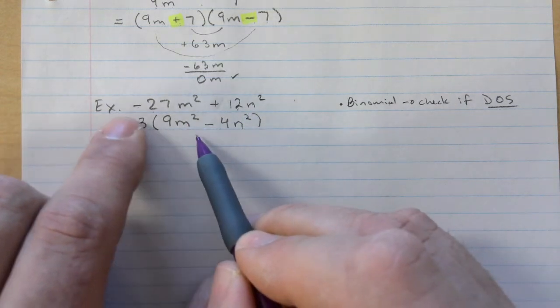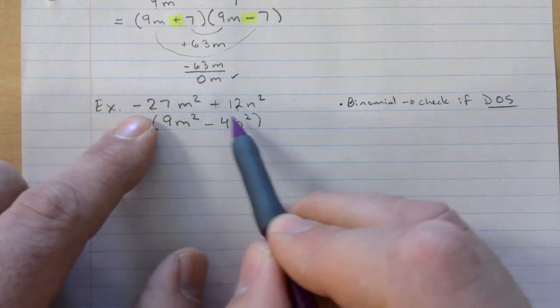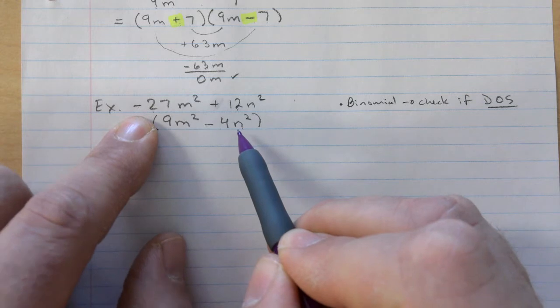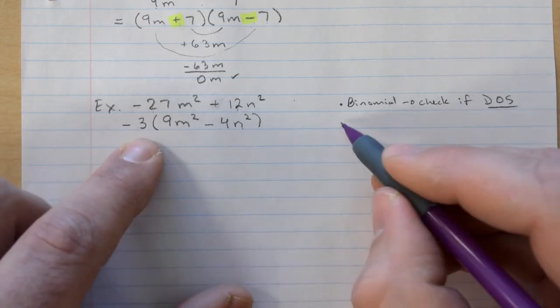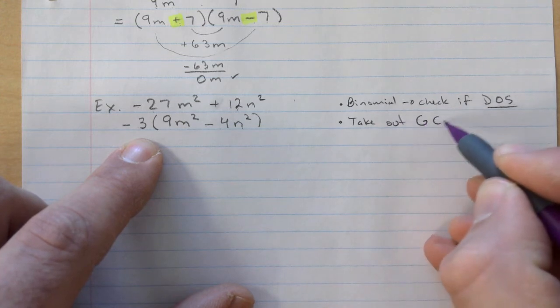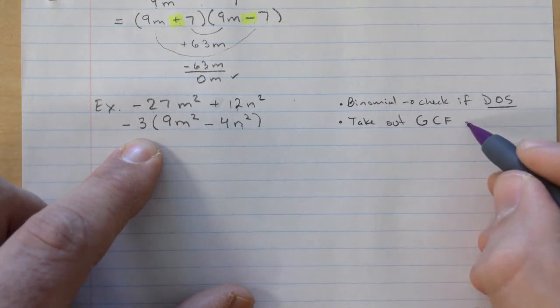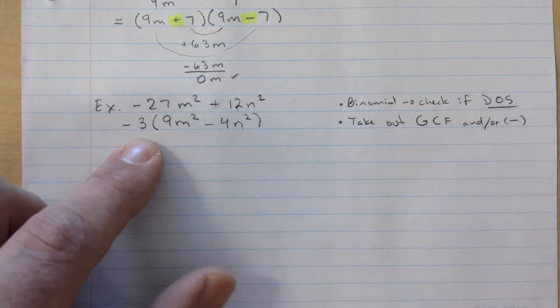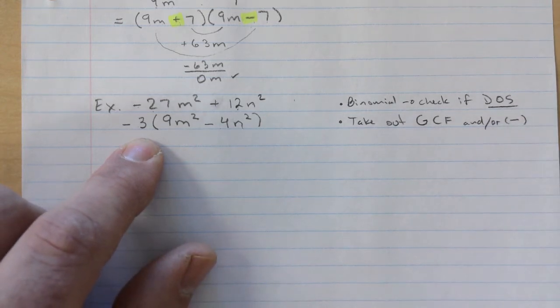Okay, does that look like a difference of squares? It's suspicious, right? So what I will say is take out the GCF and or the negative. Sometimes there's both, sometimes there's only the negative.